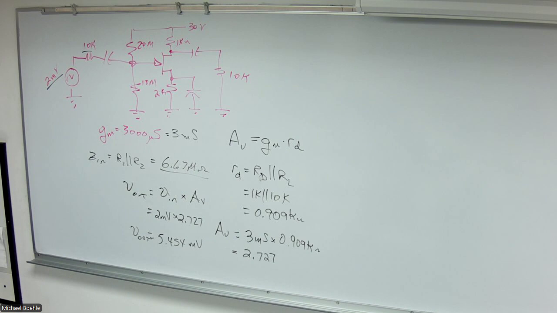All right, so this is figure 45B. Bias resistors.